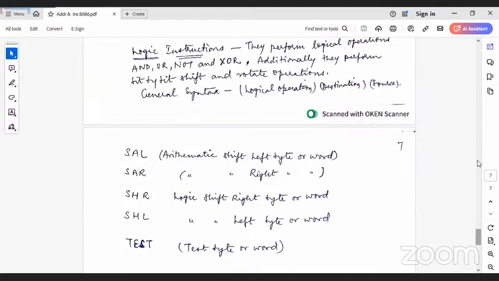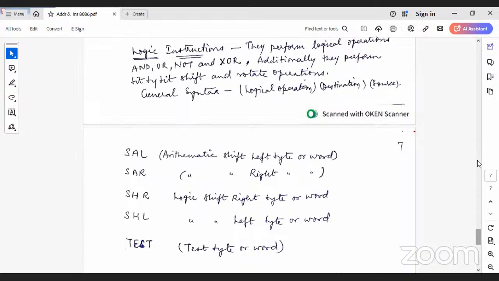In the instruction, if you are saying right, the figure also should be towards right only. Don't get confused between the figure and what you are writing there. So this point you have to be very careful about when you are reading and writing in the exam. Because while correcting, if the figure is giving a wrong indication, you will not get marks. That itself means that the person doesn't know how the instruction works.